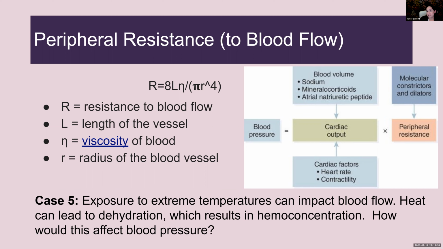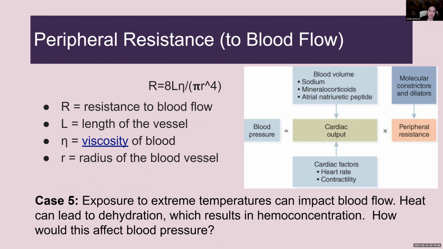But the main physiologic reason why you would increase the length would be due to pregnancy, right? Because now you have a whole other system added onto your own blood vessel system. And so that's really going to probably be the only scenario where we increase our length.